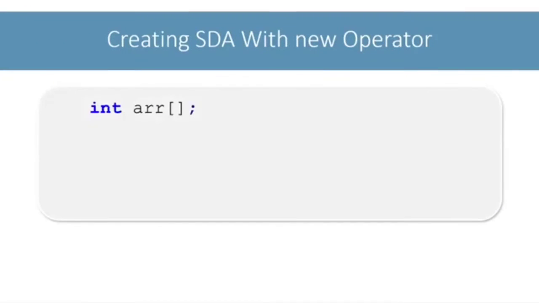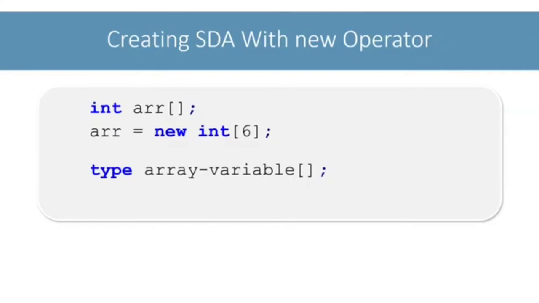We first declare a single-dimensional array like this. That is, the data type of the array, followed by the name of the array, and then square brackets to tell the compiler that it is an array variable, not a regular variable, and finally end the statement with a semicolon. After this, we use the new operator to create the array and assign it to ARR like this.